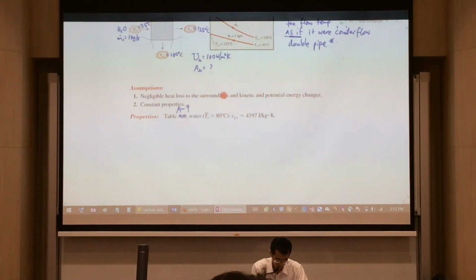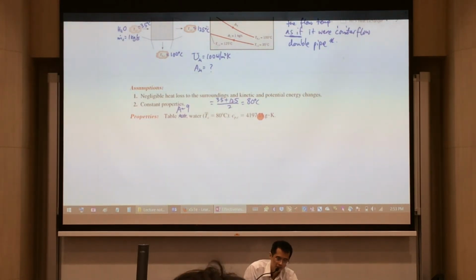For the cold fluid, the average temperature is (35 + 125) divided by 2, which gives 80 degrees Celsius. Using 80 degrees Celsius, you can find the specific heat capacity of the cold fluid. It is 4197. If you use Holman, you need to do a little bit of interpolation.